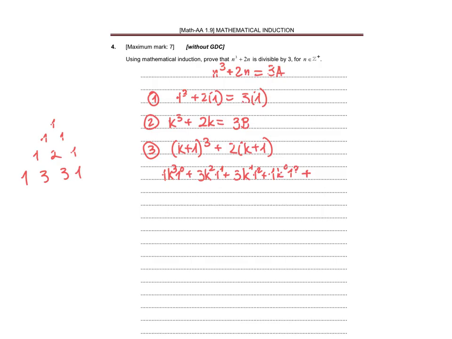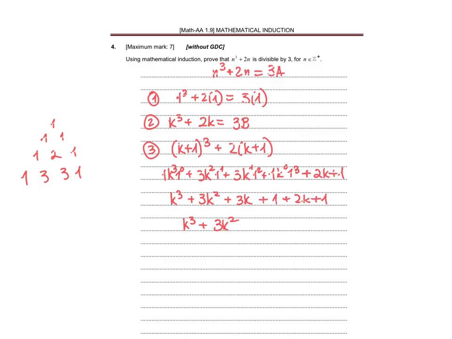That's a 3. 2k plus 2. Okay, so this is k cubed. This is 3k squared. This is 3k. This is just 1. And then we have 2k plus 2. So now we have k cubed plus 3k squared.